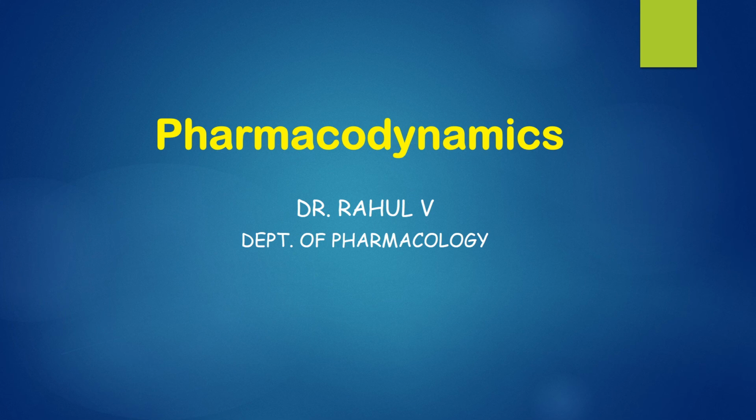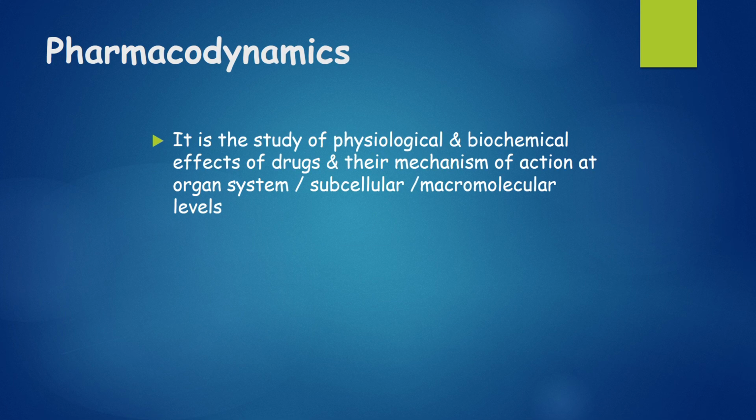hours. So what is pharmacodynamics? It is the study of physiological or biochemical effects of drugs and their mechanisms of action at the organ system, subcellular, or macromolecular level. As a summary, it is the action of the drug, or what the drug does to the body at its physiological and biochemical level. We will be discussing all these headings.